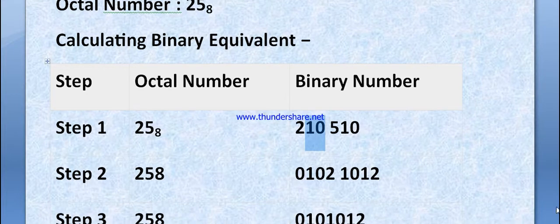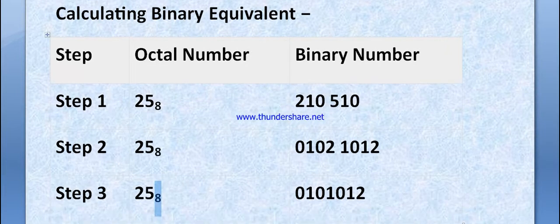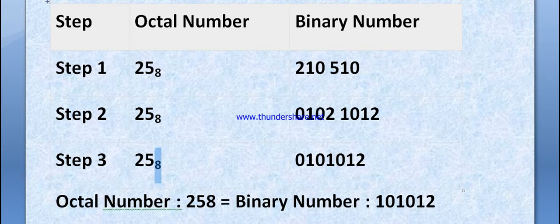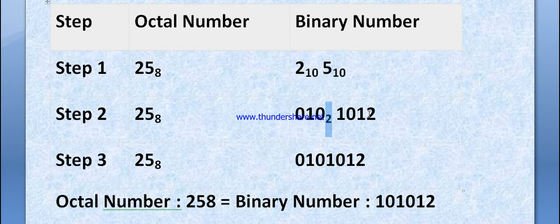Okay, so when we calculate the number, first we create the base. This is the binary number we can convert. So first we add the decimal value. Convert each octal digit to 3 binary digits. So 2 we can write as 010. This is the binary number of 2, and this is the binary number of 5.